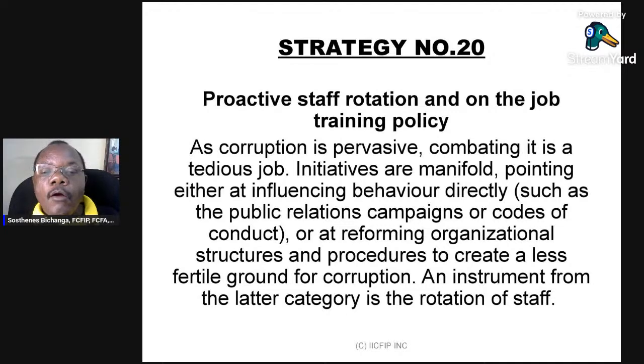Number 2, overpayment and return schemes. This can easily be detected by a new staff. Number 3, fictitious suppliers. This is a business created by the staff perpetrating the fraud.